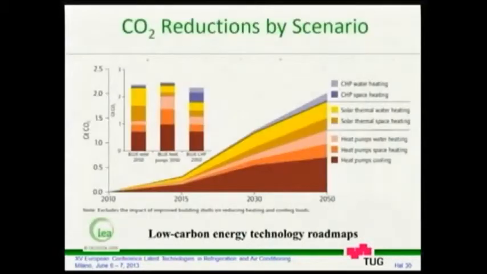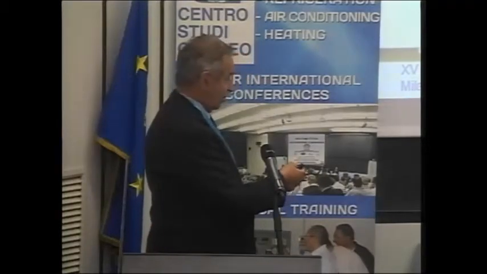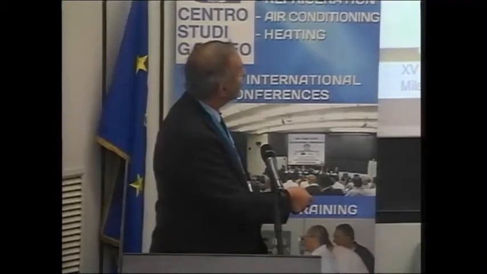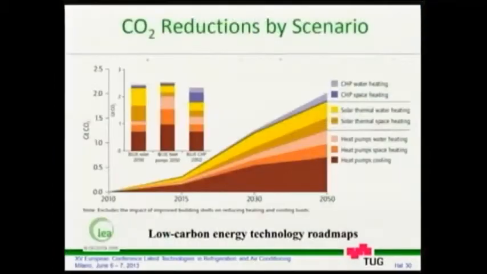In the meantime, the IEA has made a new study, and in this new study, the result, in this case for 2050, is very similar. The upper two things are combined heat and power. The next part is solar, and the last part are heat pumps. That means it has not so much changed.